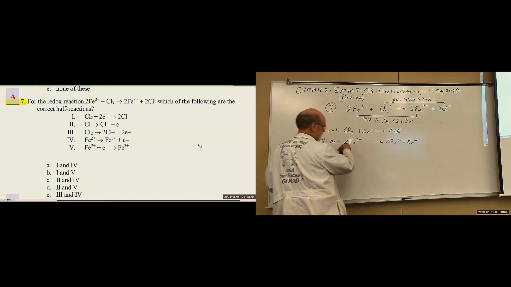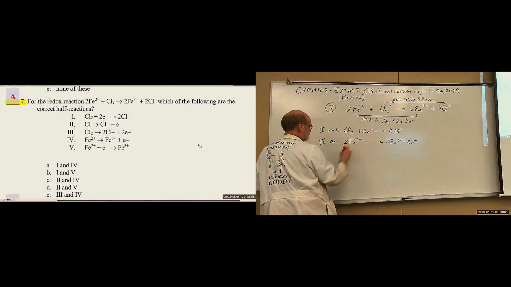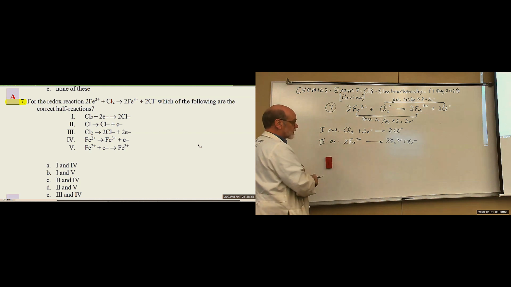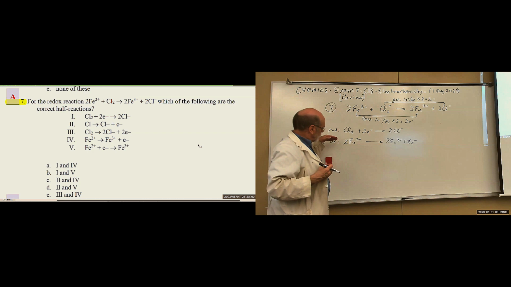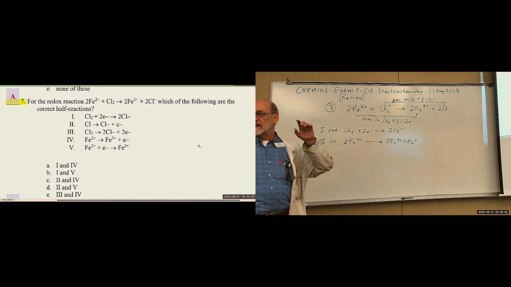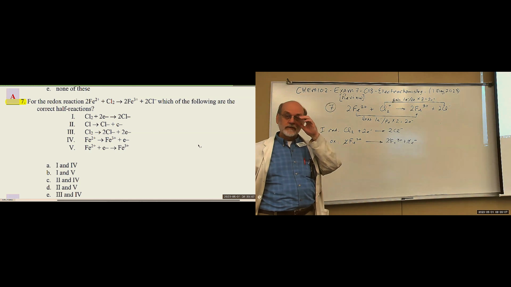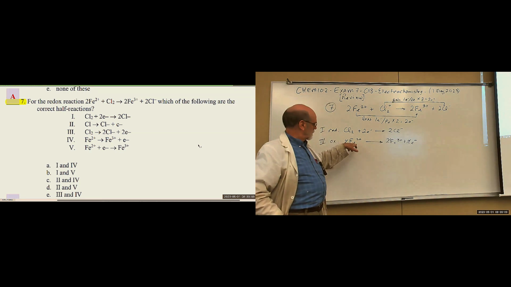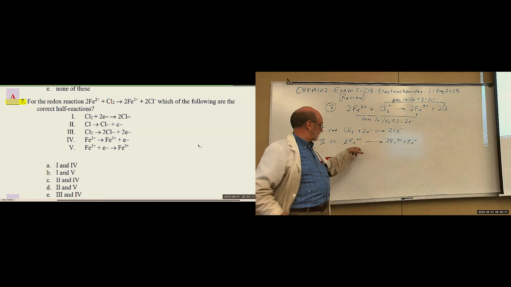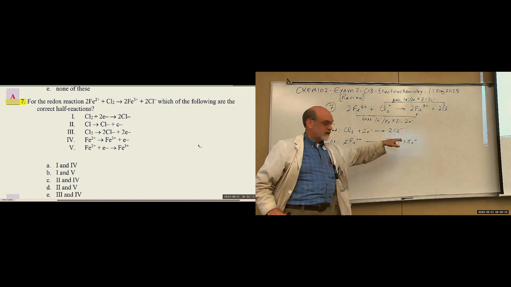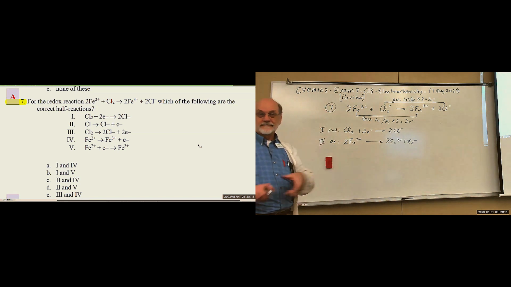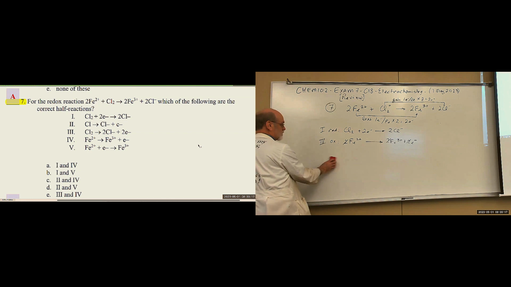That was the trick. Simplifying this one. Because if you were going to go look this one up in the standard reduction table, you wouldn't look for 2, 2, and 2. You'd look for this one, that one, and 1 electron. Okay. I think that's what they're getting at here.